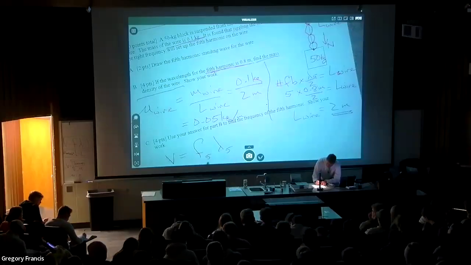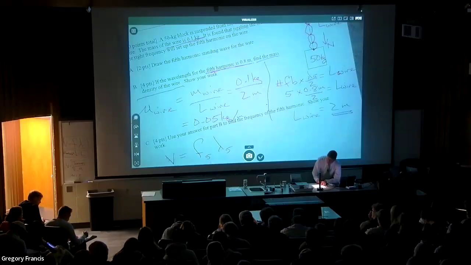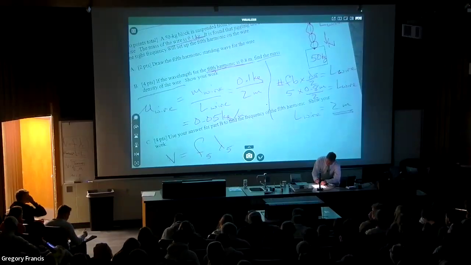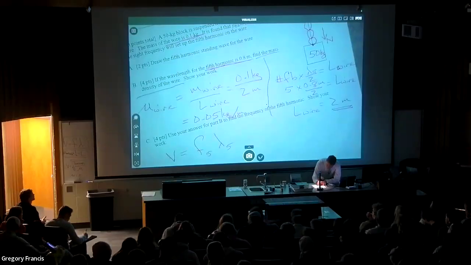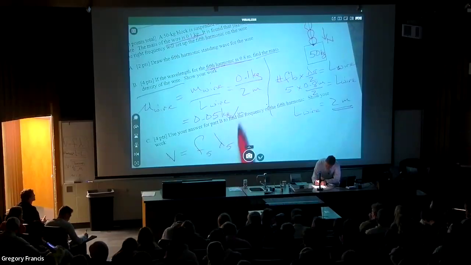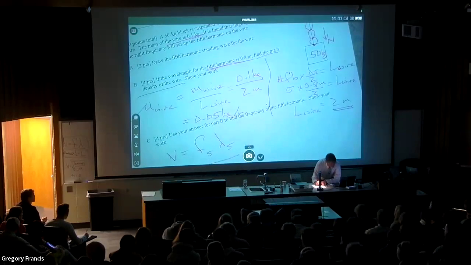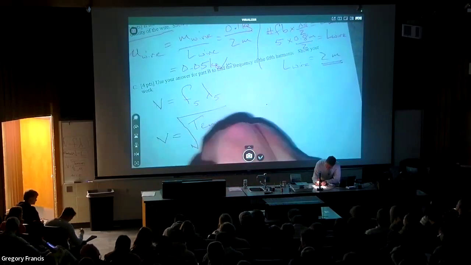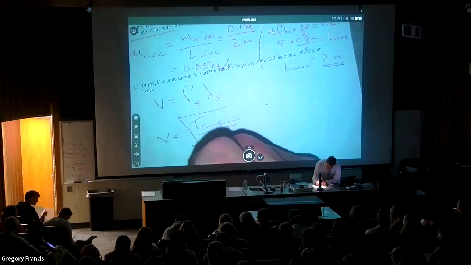I'm looking for the frequency of the 5th harmonic. I just need to know what the speed of waves is on this system. Because it's a transverse wave on a string or wire or spring, I use this formula where I take the square root of the tension divided by the mass density.